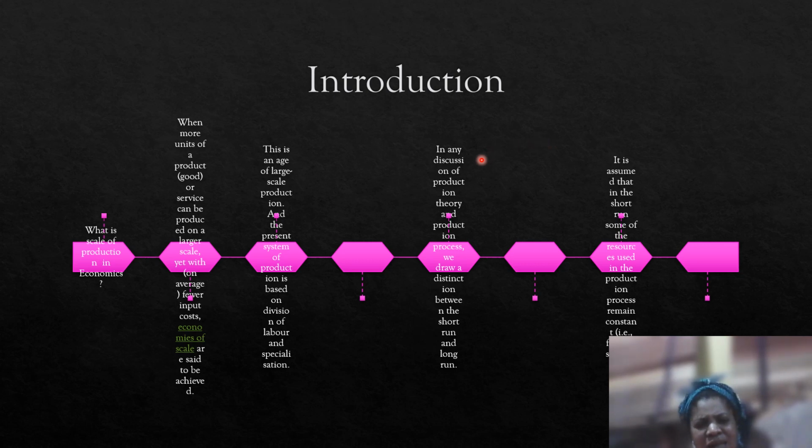Therefore, in any discussion of production theory and production process, we have a distinction between the short run and the long run. It is assumed that in the short run, some of the resources used in the production remain constant.